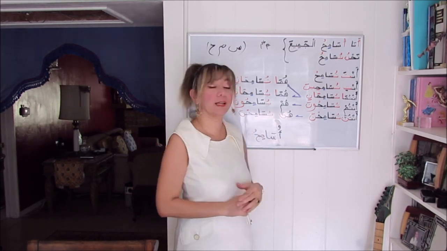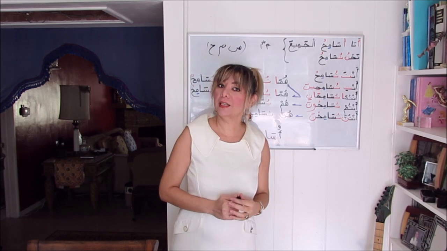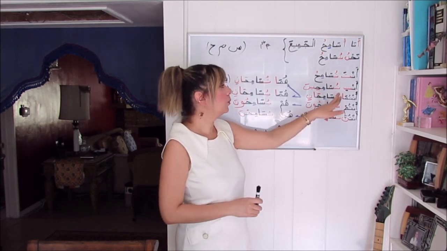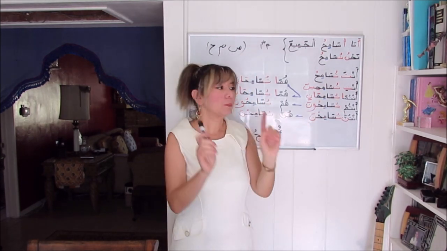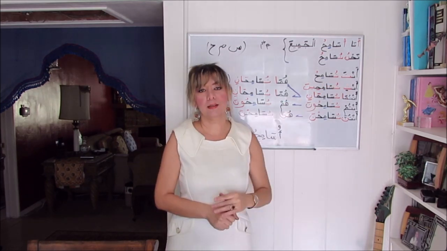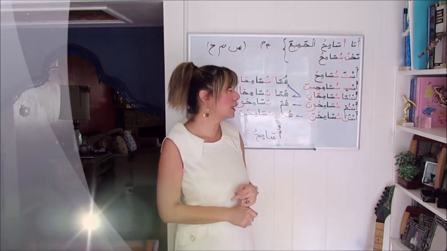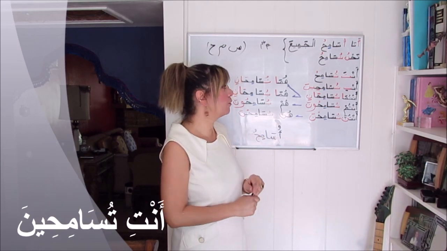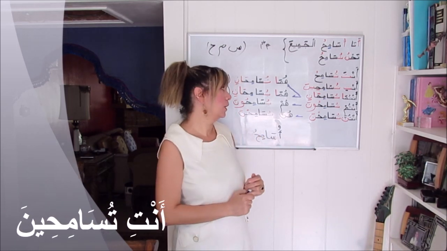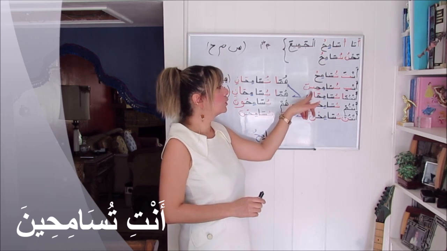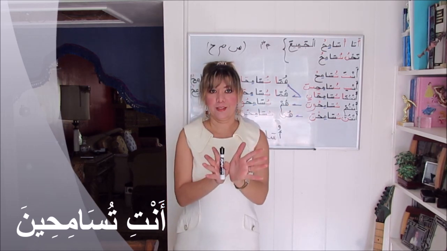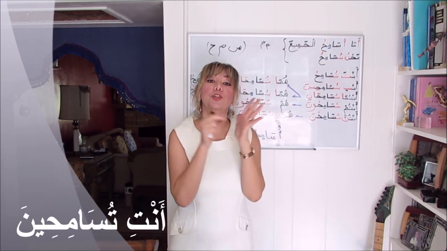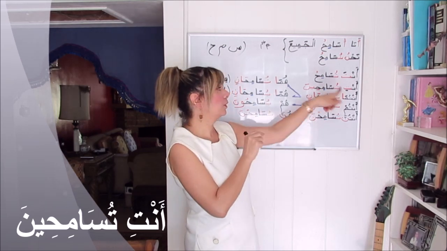For anti, second person feminine singular, we have the same prefix as anta. But I cannot say the same thing for the suffix. We have a complicated suffix here. We have the ya of address, which is actually the subject of anti.